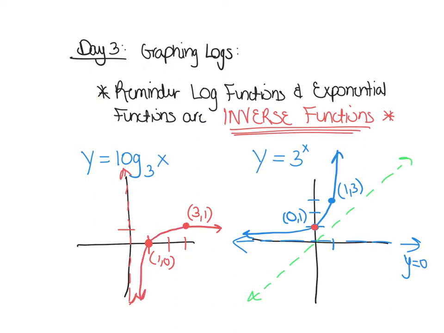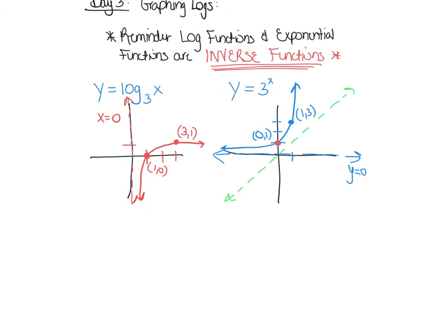So with a log function, instead of having a horizontal asymptote like you do with exponential growth, you're going to have a vertical asymptote of x equals 0. Now, all the transformations apply here. If we shift up and down, we add to our y values. If we shift left and right, we add or subtract to our x values. Shifting left or right will be the only thing that'll change your vertical asymptote.